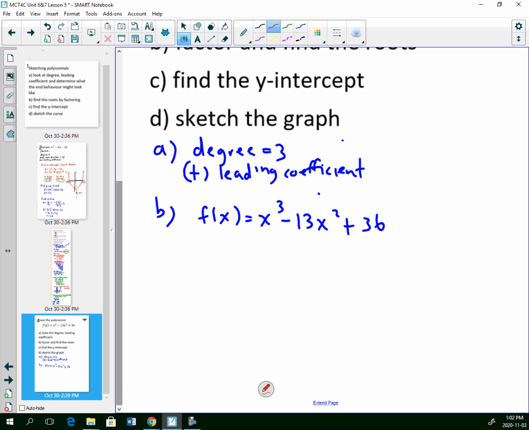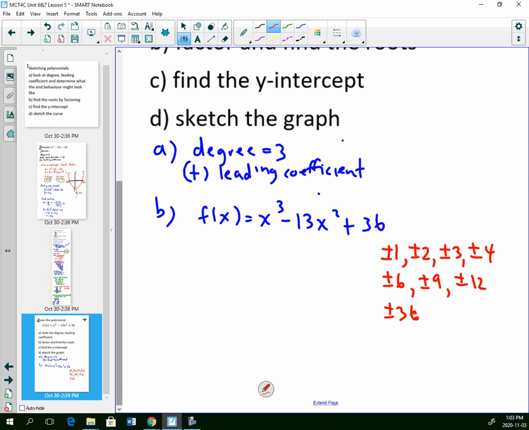So the options that I could use to find my zeros are, well, 1 goes into 36, 2 does, 3 does, 4 does, 5 doesn't, 6 does, 7 does not, 8, 9 does, 10, 11, 12, and then 36. So those are all my options, right? There's lots. So you could find your zeros just by plugging in.